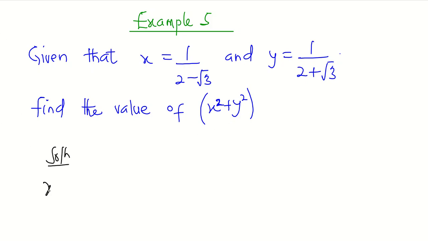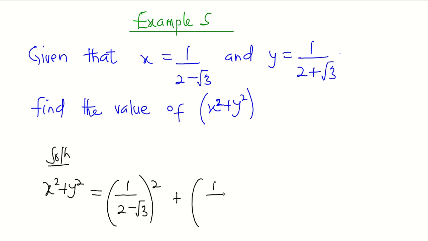Now we have x squared plus y squared. And with this, we have our x value to be 1 over 2 minus square root of 3, and x is squared, so you have to square this. And then we have plus 1 over 2 plus square root of 3. That is for y, and we know y is squared, so we have to square it.